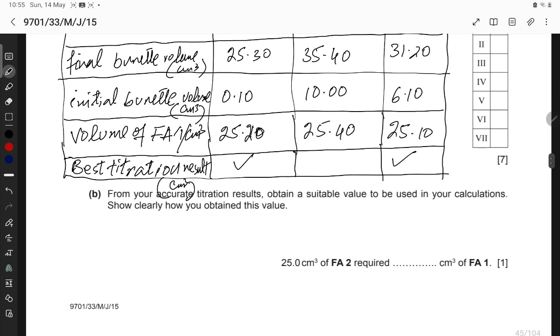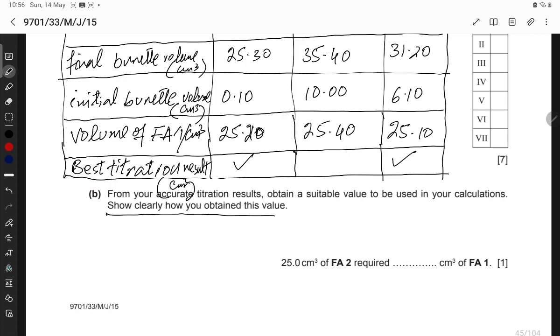Now, from your accurate titration results obtain a suitable value to be used in your calculations, and show clearly how you obtain this value. So we have two best titrations, 25.20 and 25.10.